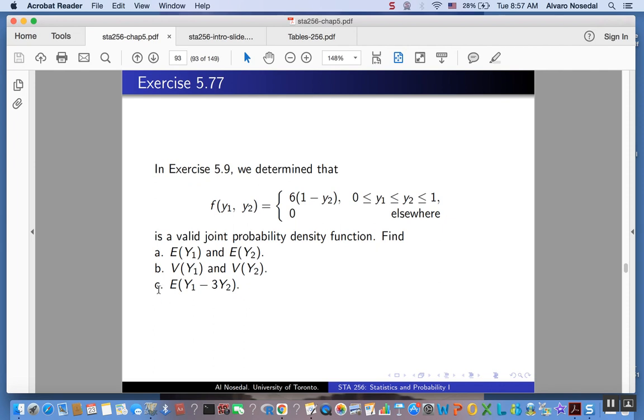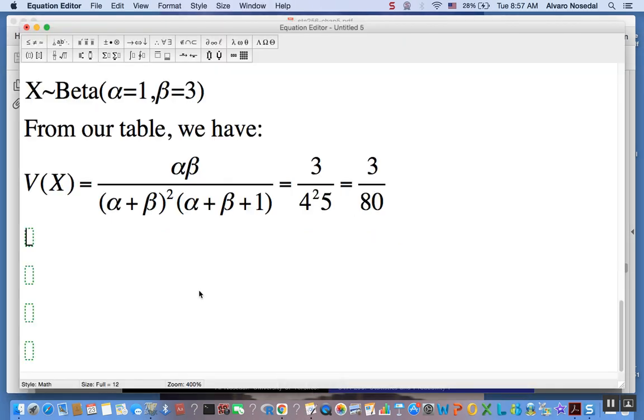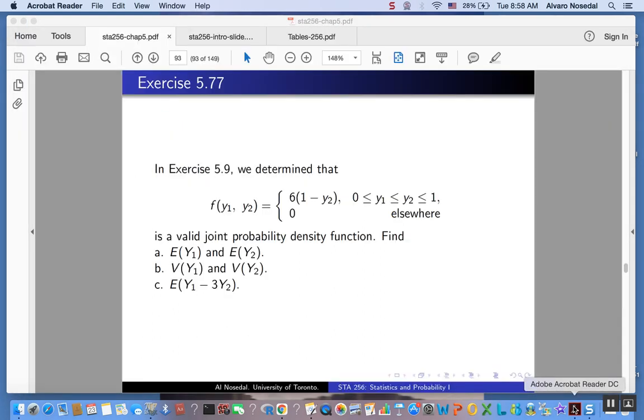We want the expected value of y1 minus 3 times y2. Using my new labels, we want the expected value of x minus 3 times y.